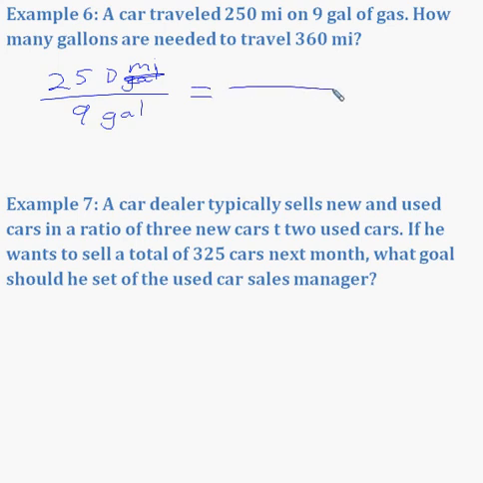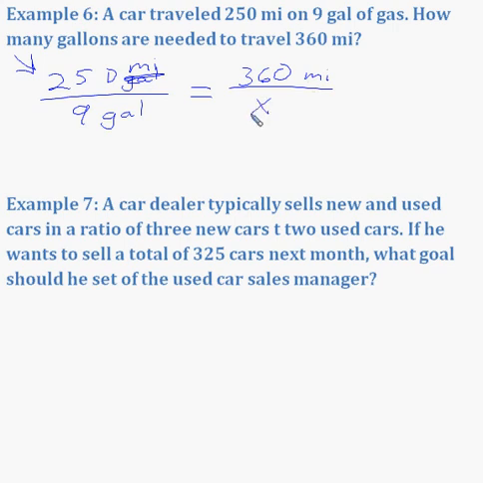Here it says how many gallons are needed to travel 360 miles. So we want the same ratio, so we had miles on top for our first one, so we want miles on top here, and we're trying to figure out how many gallons.